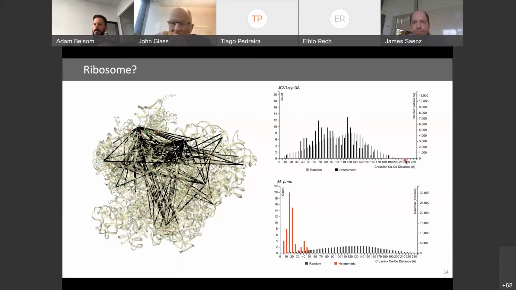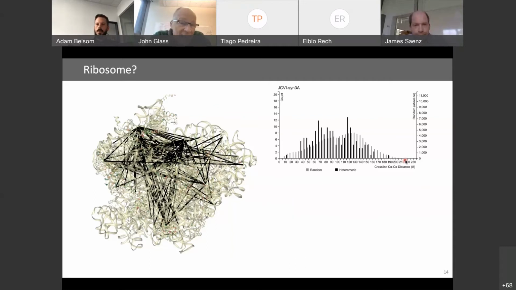So, in the penultimate talk today, Elizabeth Villa will be showing cryotomograms of SYN3A. And she has made the comment to us that the SYN3A cytoplasm seems denser, more protein packed than other bacteria that they have looked at using the same techniques.